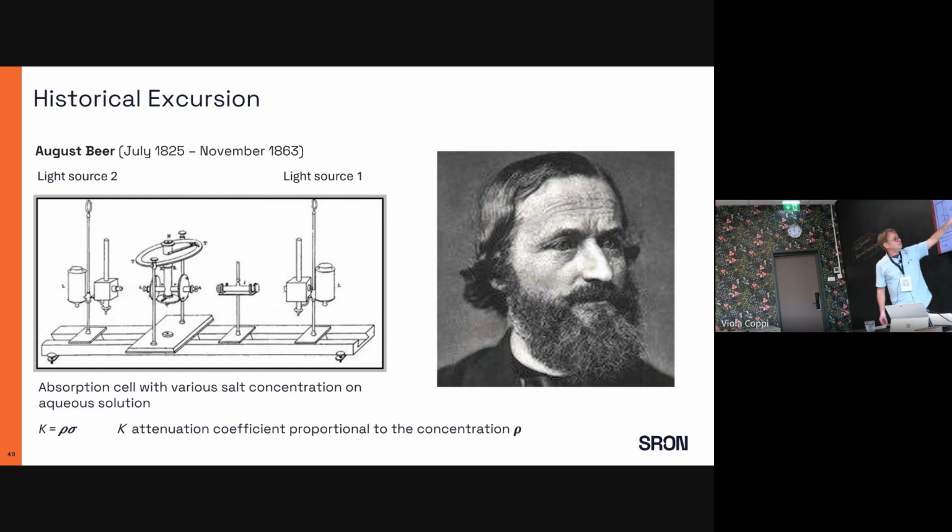And he changed the concentration of something in the cell, right? And tuning that with the distance and checking how much the light got attenuated, he found that the attenuation coefficient is a quantity sigma, which is the absorption coefficient we already talked about, times the density of the material in the cell. That is the history of this.